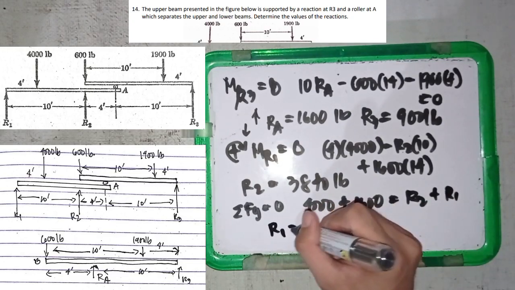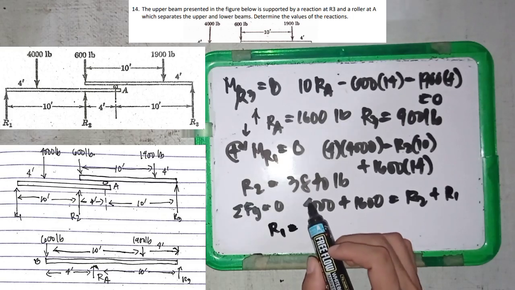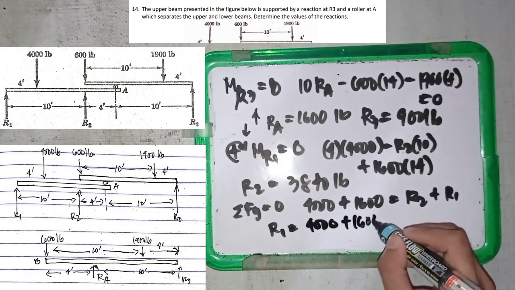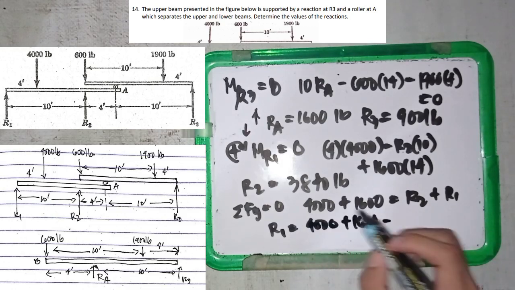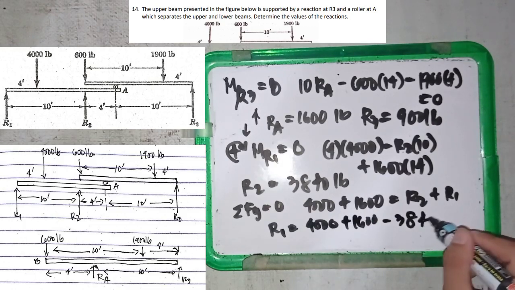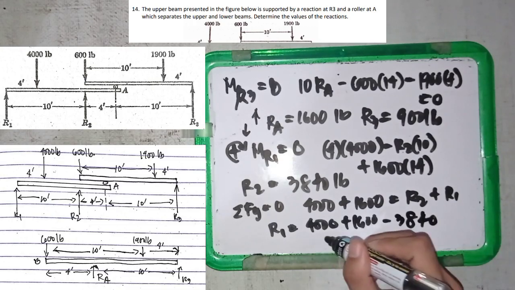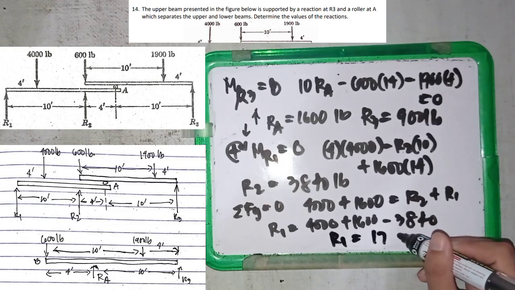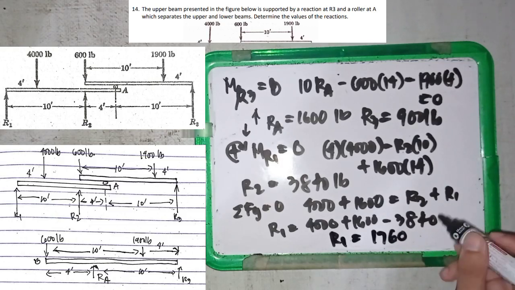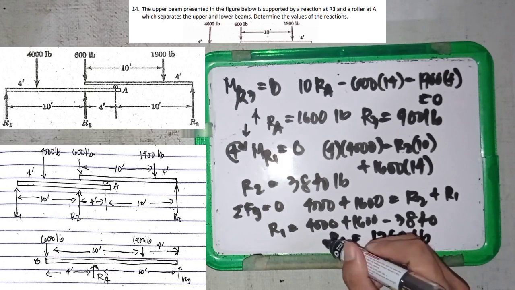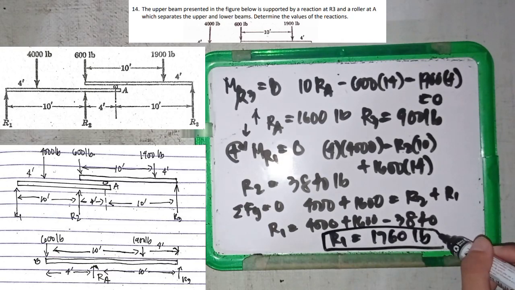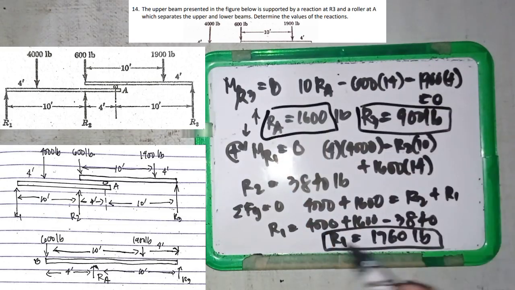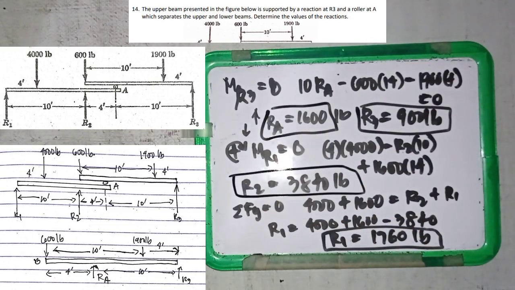R1 is equal to 4,000 plus 1,600 pounds minus, with our R2 being 3,840, 3,840 pounds. So our R1 here is 1,760 pounds. So we have R1, R3, RA, and R2. We've completed the problem.